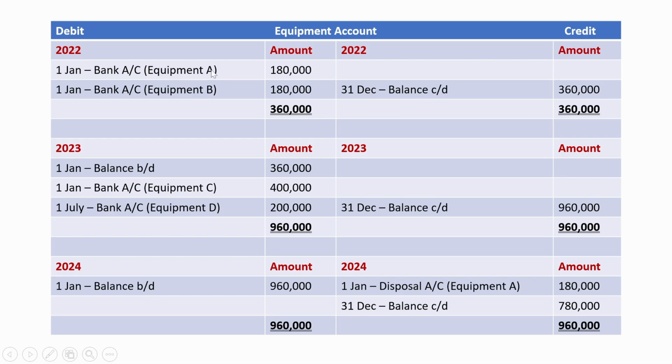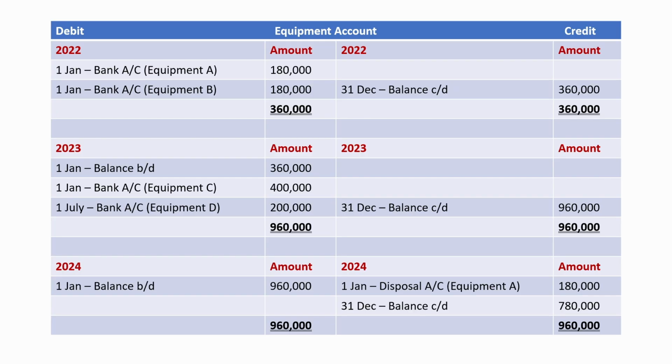We have equipment A 180,000, equipment B 180,000, and in the details we write bank account, because cash is going to be obtained from bank. It is unlikely that they are going to buy this equipment by paying cash in hand. So most likely they are going to pay through the bank.